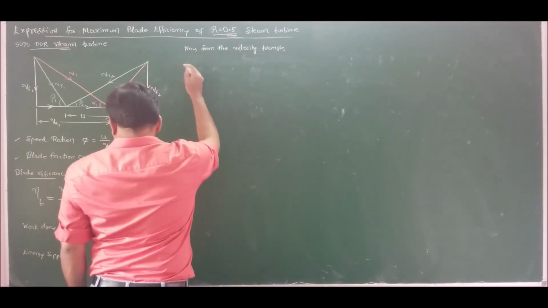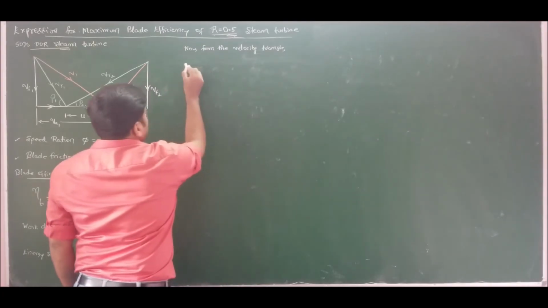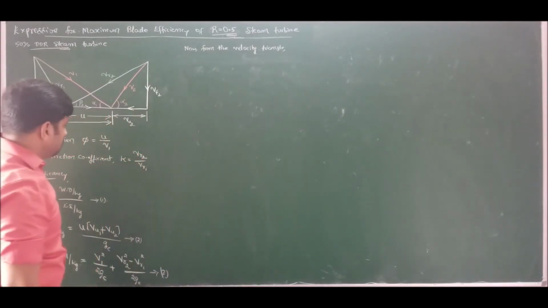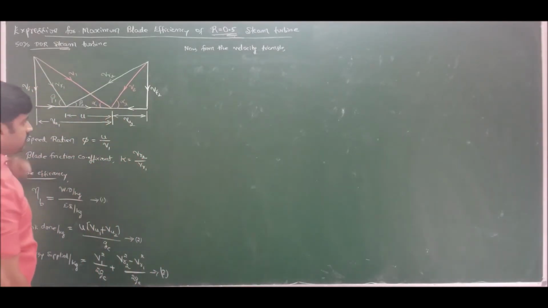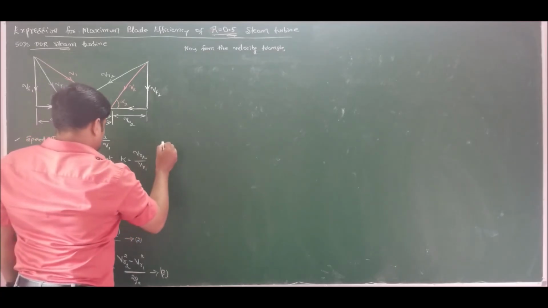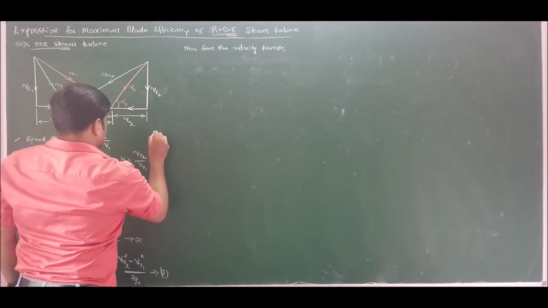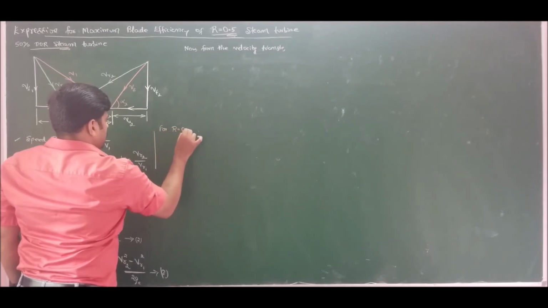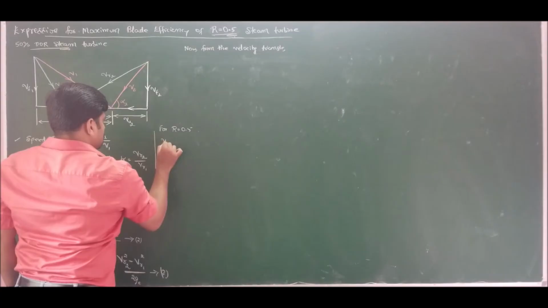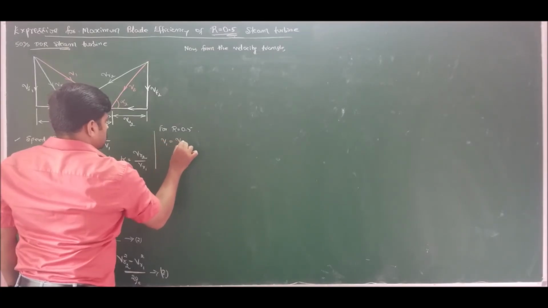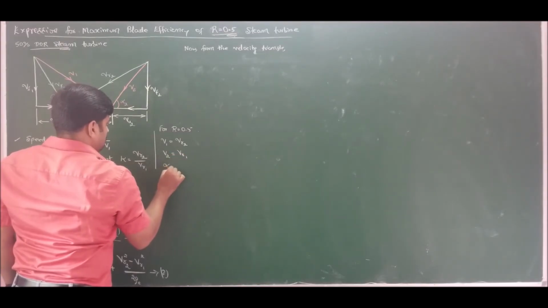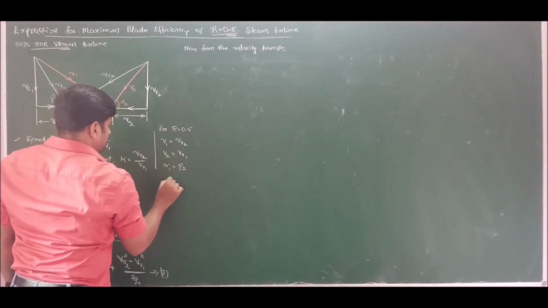If I consider VU1 plus VU2, I can write, before that we know that for R equal to 0.5 we have some conditions, that is, V1 is equal to VR2, V2 is equal to VR1, alpha 1 is equal to beta 2 and alpha 2 is equal to beta 1.